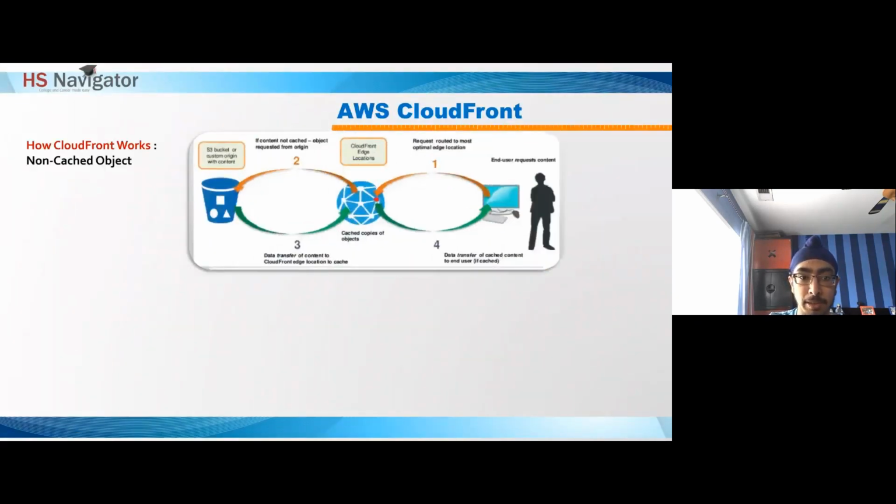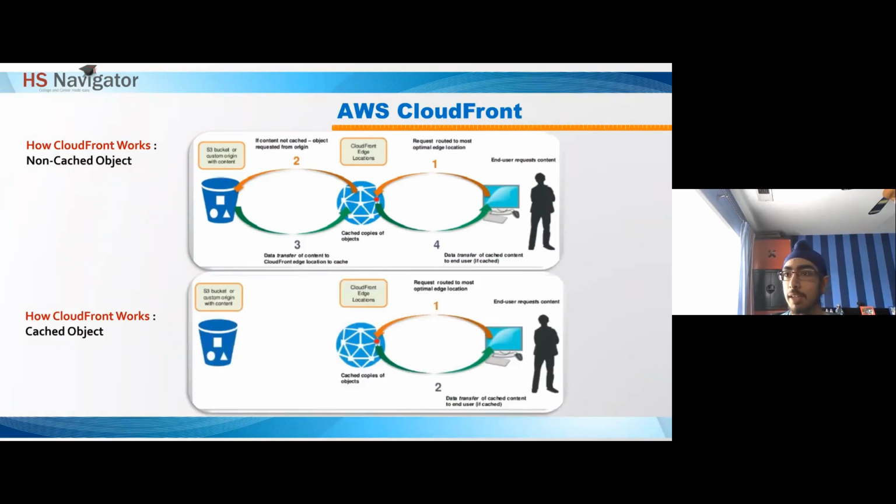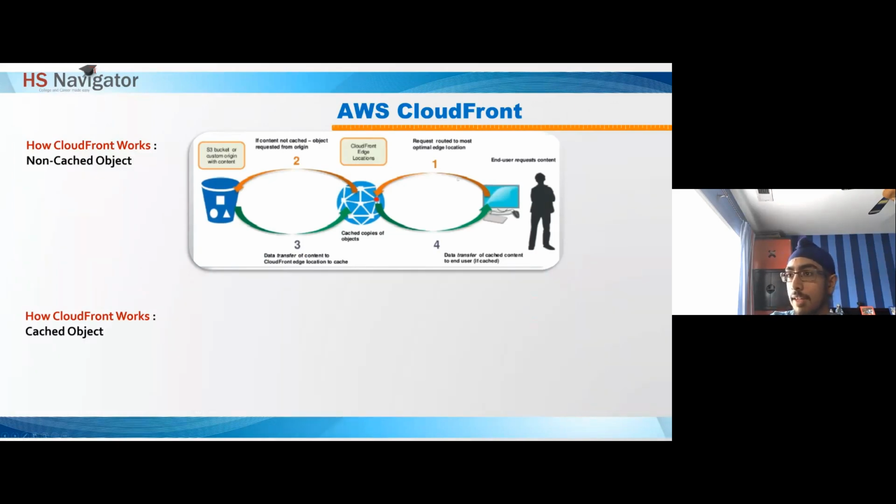And this is just some basics on how CloudFront works, which we went over in the original AWS slide. If someone requests an object, it requests content, and the request gets into an edge location. Then that edge location goes to the bucket, gets the content back, and sends it back to the user.